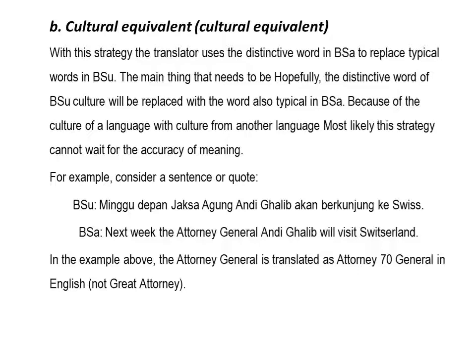For example, consider the following sentence. Minggu depan, Jaksa Agung Andi Galik akan berkunjung ke Swiss. Next week, the Attorney General Andi Galip will visit Switzerland. In the example above, Jaksa Agung is translated as Attorney General in English, not Great Attorney.